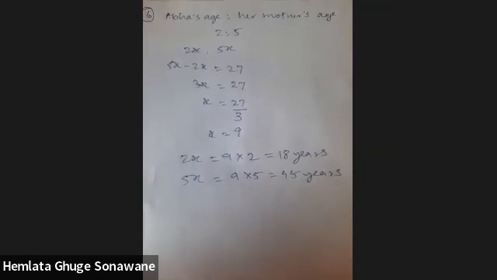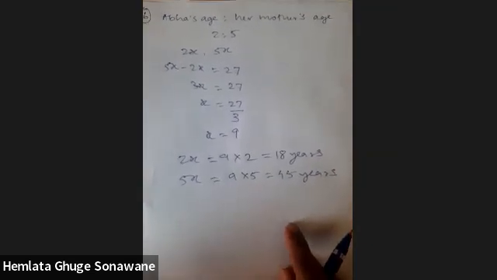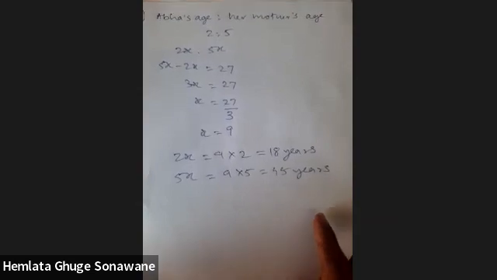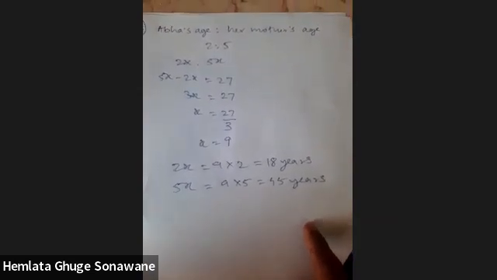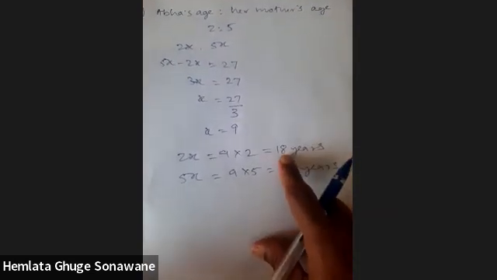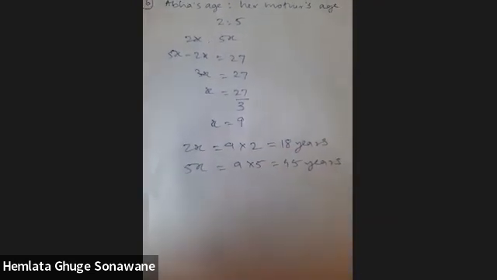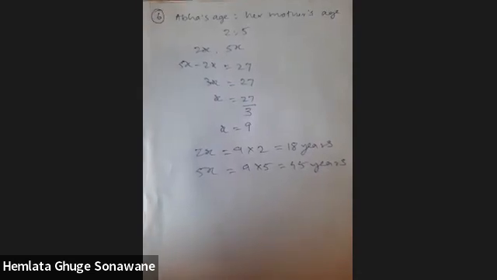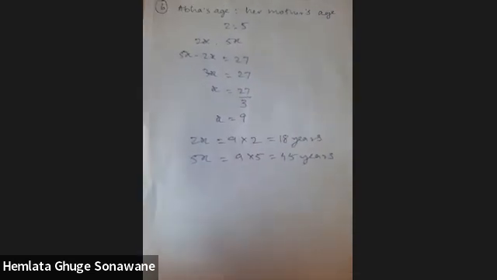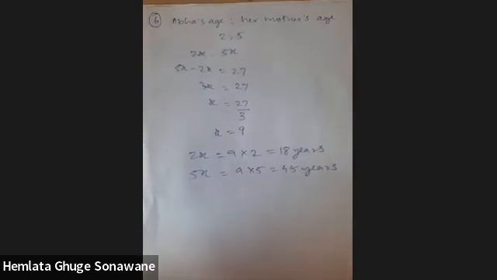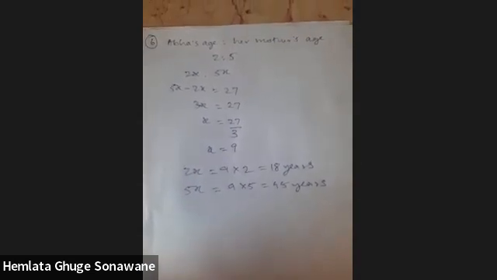Okay, you can use the given condition, that is at the time of Abha's birth, her mother's age was 27. So you can add 18 to 27, it becomes 45. Means whatever values we have got are correct. Just go through the solution.